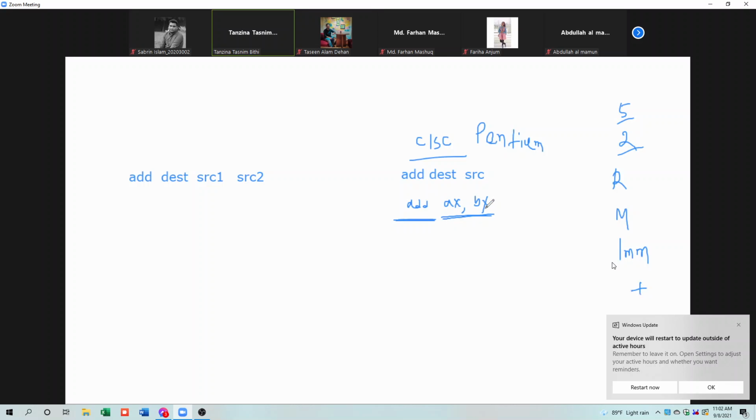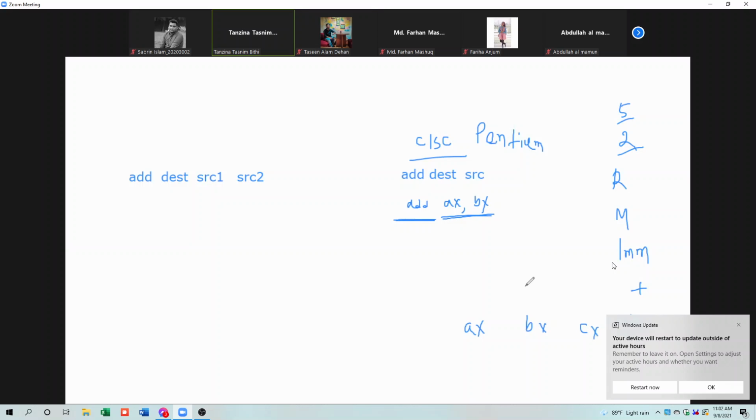And what about the operands? This is one source operand and this is another source operand, but this operand will be used as the destination operand also, right? Now look, the register names are given, AX and BX. How many data registers does the Pentium processor have in total? 4 registers: AX, BX, CX, DX.